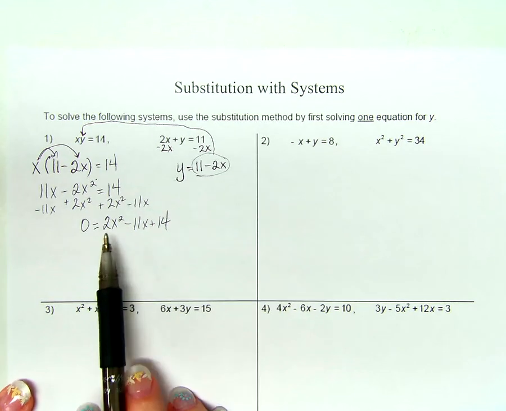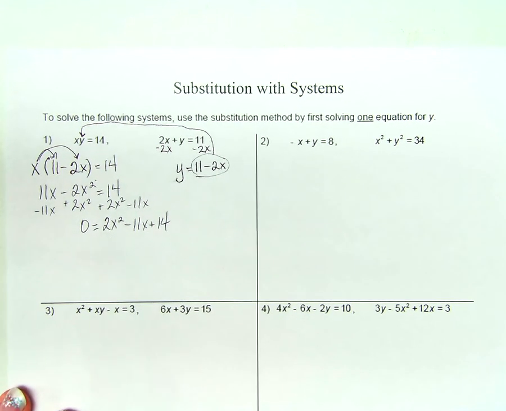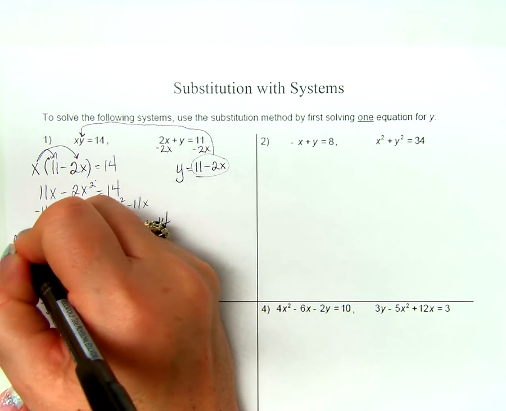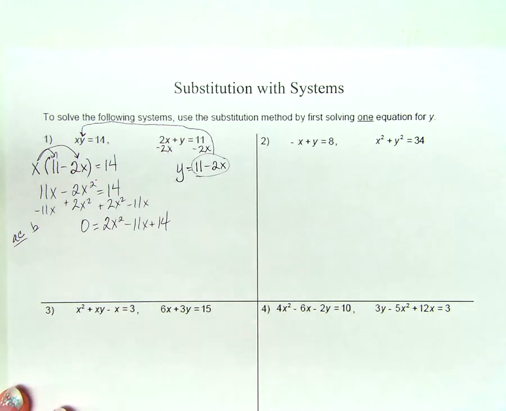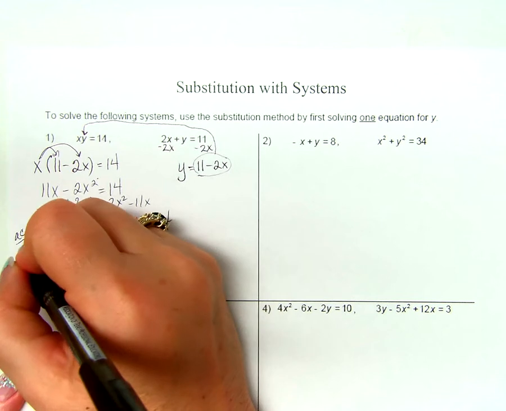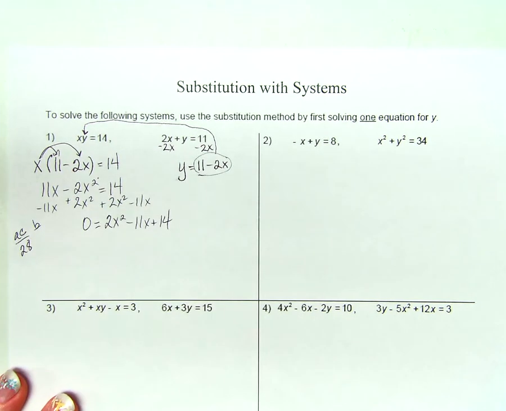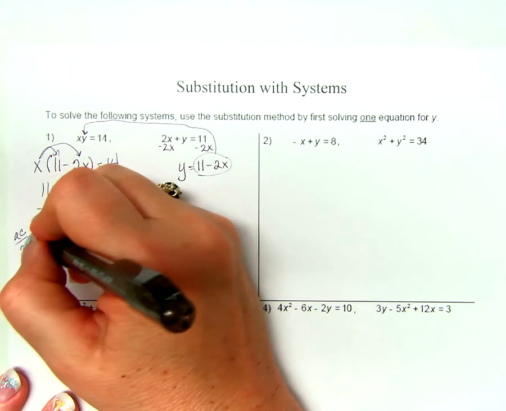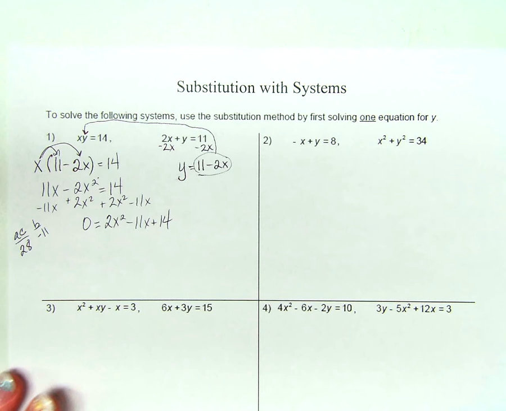So since I have a leading coefficient other than 1, I have to find my AC and I have to find my B, right? What is AC in this particular problem? 28. And what is B in this problem? Negative 11. Can you think of two numbers that multiply to equal 28 and add to be negative 11?